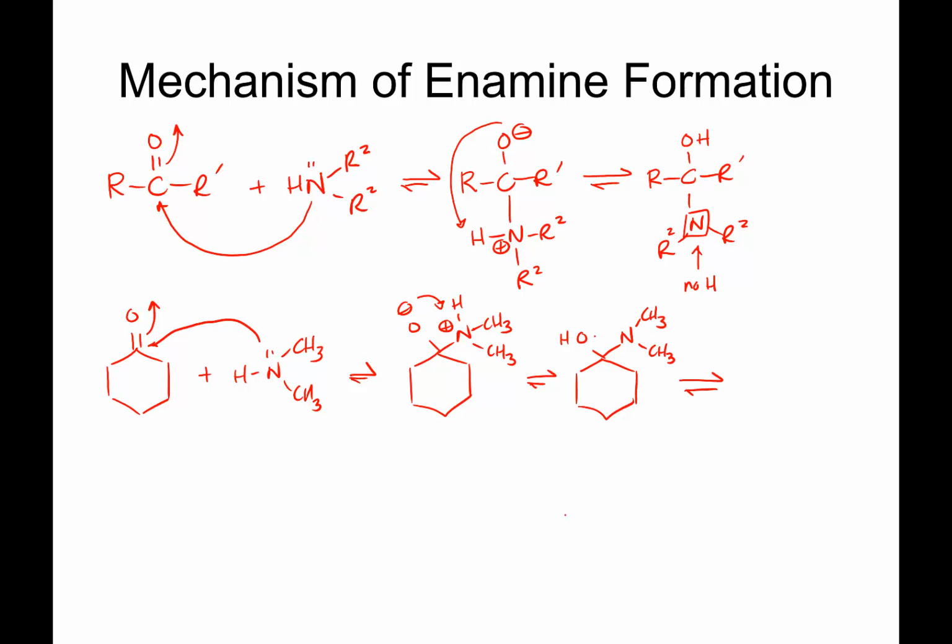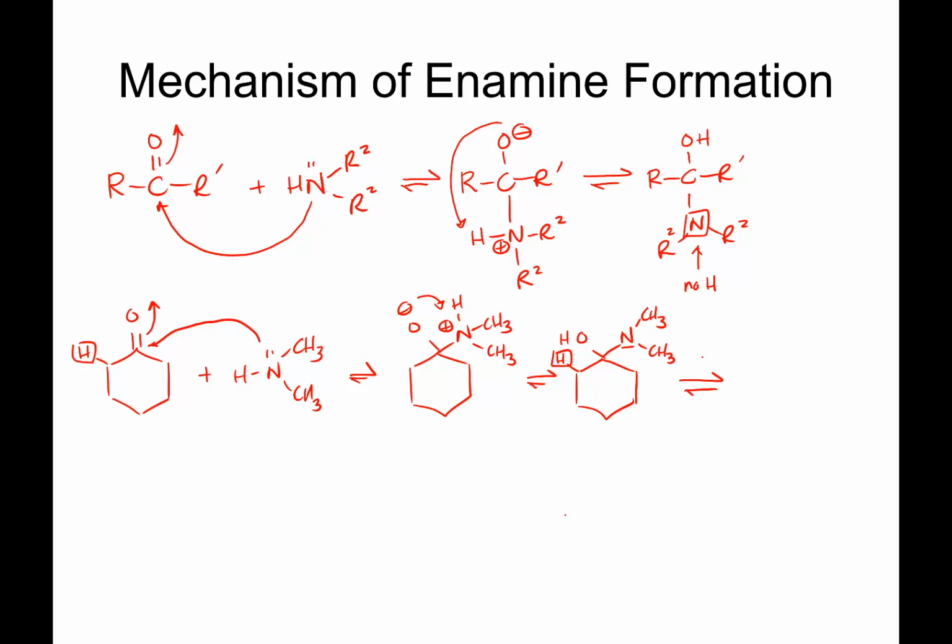But since this nitrogen has no hydrogen to lose, what happens is one of the hydrogens that is on the carbon next to what was the carbonyl, so if I write in the original molecule, that hydrogen is going to be lost.